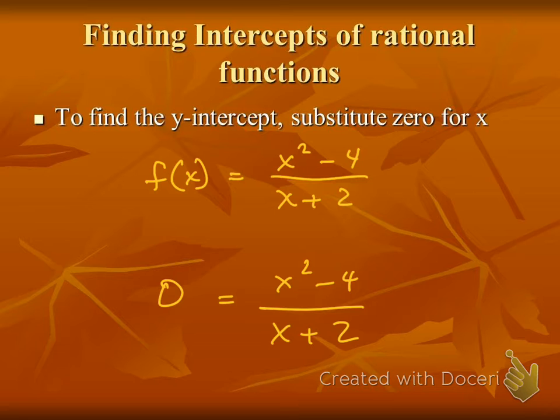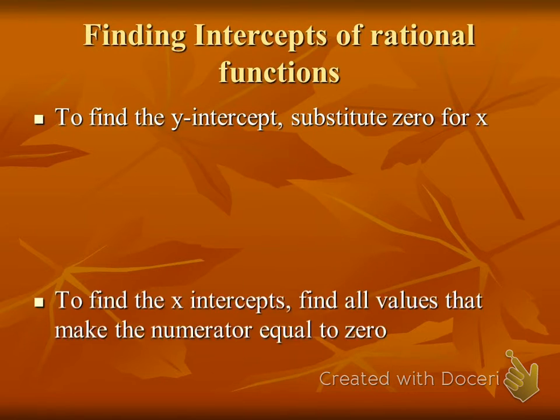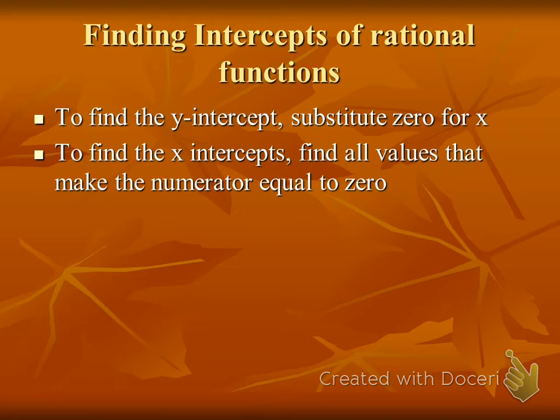So somebody tell me, without writing any of this down, when can that expression equal 0? Only if the what is equal to 0? The numerator, right? Can we get zeros from the denominator being 0? No. So the x-intercepts of a rational function are values that make the numerator equal to 0.